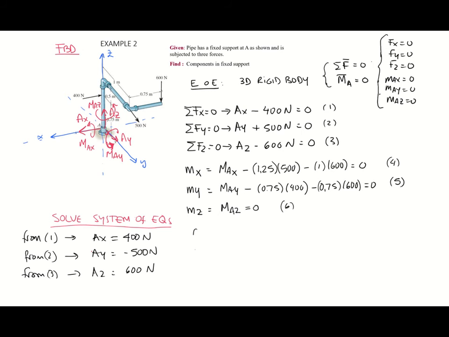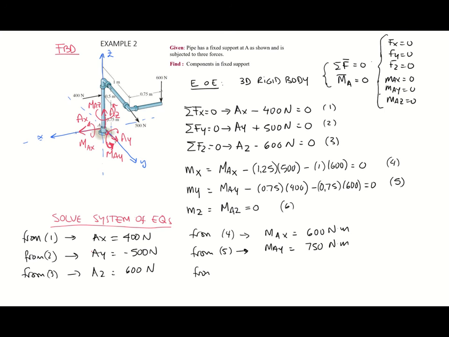And then from 4, we have that the moment MAX is equal to 600 newton meters. From 5, we got that MAY is equal to 750 newton meters.